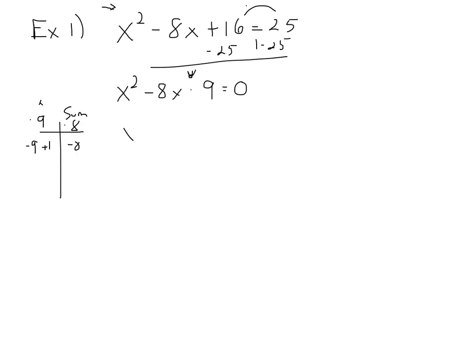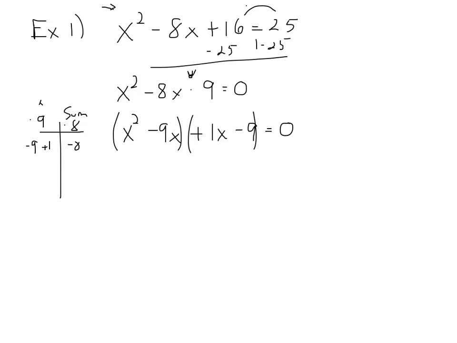So we can rewrite it, expand that middle term, by doing x squared minus 9x plus 1x, those are the two factors, minus 9 is equal to 0. Now if you wrote it the other way, x squared plus 1x minus 9x minus 9, that would also be fine. Now we can solve it using grouping.